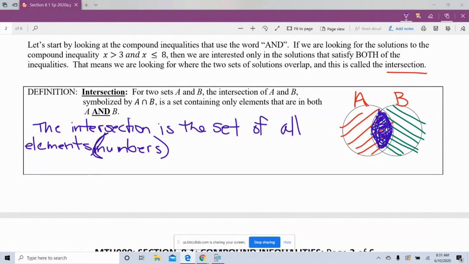I'll just put that in parentheses. That are in both sets.